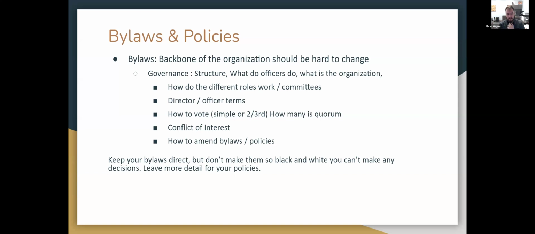I'm still looking into how you can keep your bylaws more permanent. I just know that my board has been trying to revise our bylaws for three years now, so we started with policies because that was easier. And at the bottom is, yeah, keep your bylaws direct. Don't make them so black and white that you can't do anything. Leave the detail for the policies.